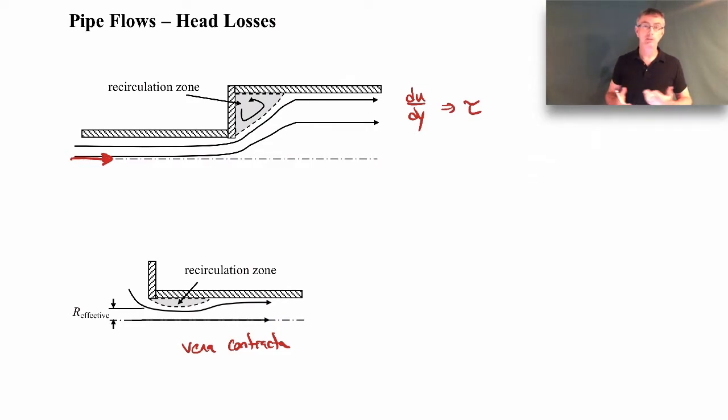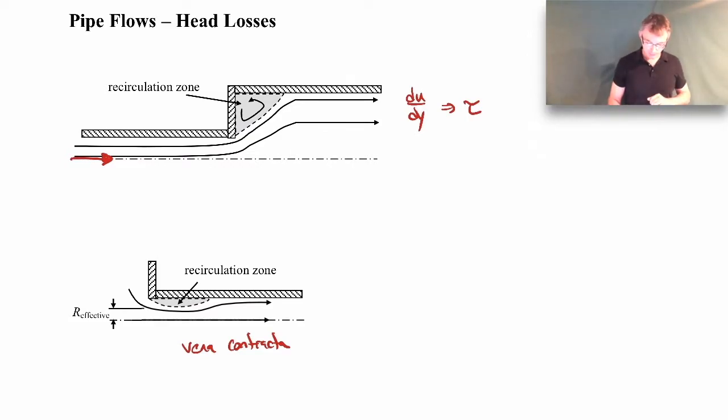It occurs because you have these recirculation zones, and they're more prominent when you have these sharp corners that the fluid has to kind of round out as it comes in through them. So the vena contracta just means that the effective radius is a little bit smaller than the actual geometric radius.